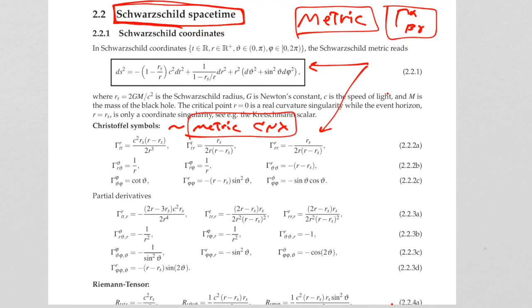So this is really a different coordinate than the simple radial distance we know from standard mechanics, from standard science, or standard mathematics of spherical coordinate systems. So I don't want to confuse that.